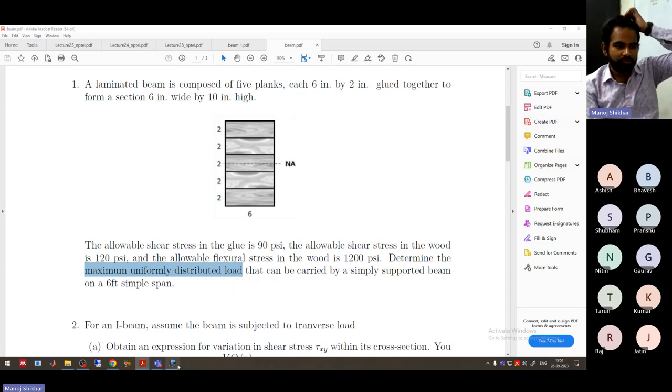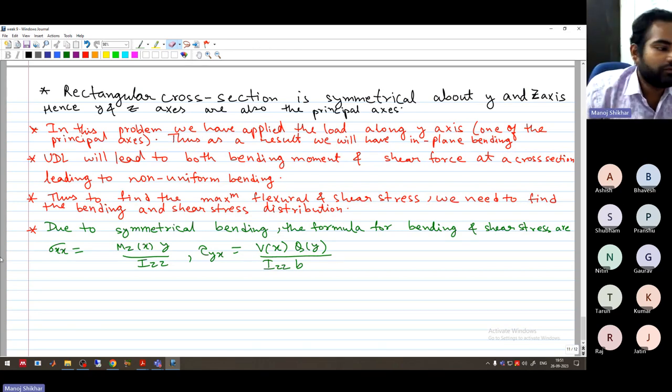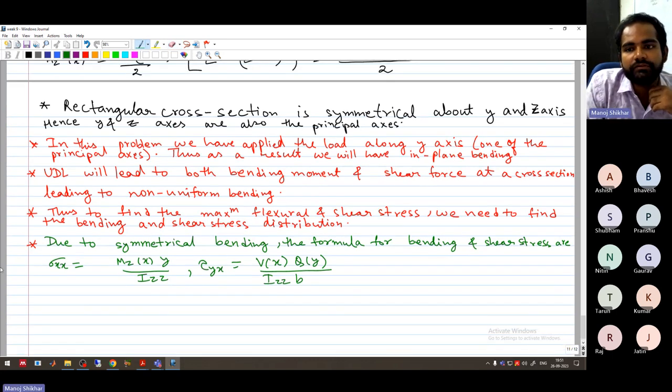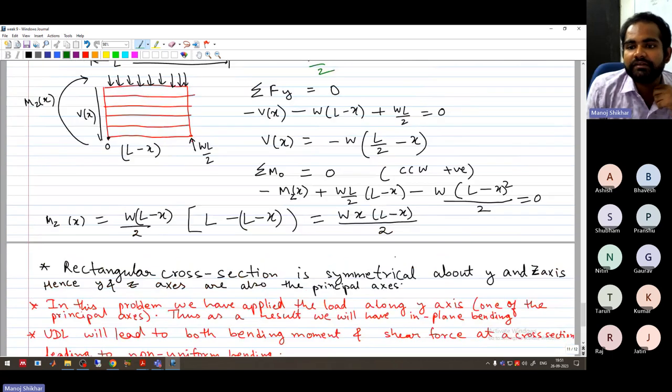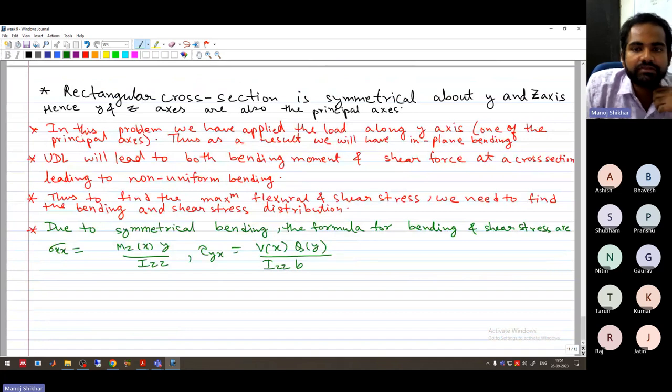So what we have to do is find the maximum values of the bending stress. We also know the expressions of our bending. Let me write those expressions here also.